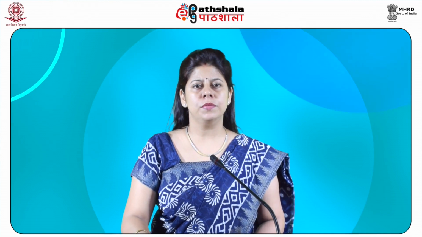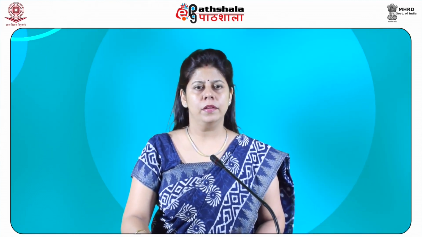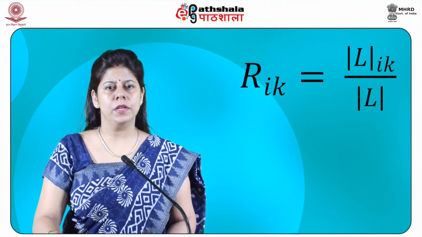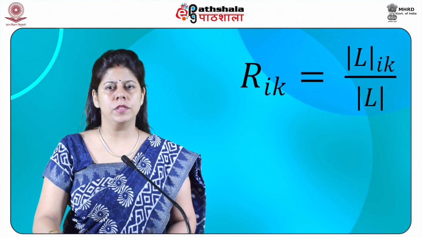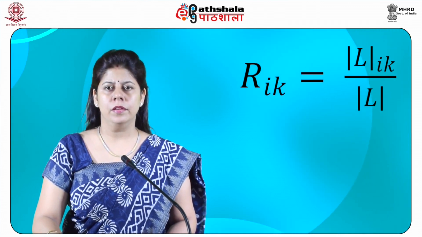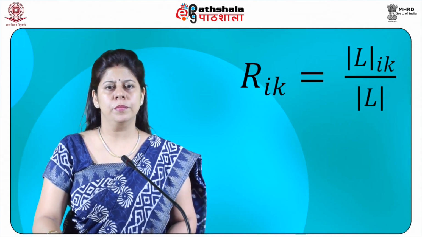The relation between Rik and Lik is given by this expression, in which L is the determinant of the matrix of the coefficients Lik and the numerator is the minor of the determinant corresponding to the term Lik.